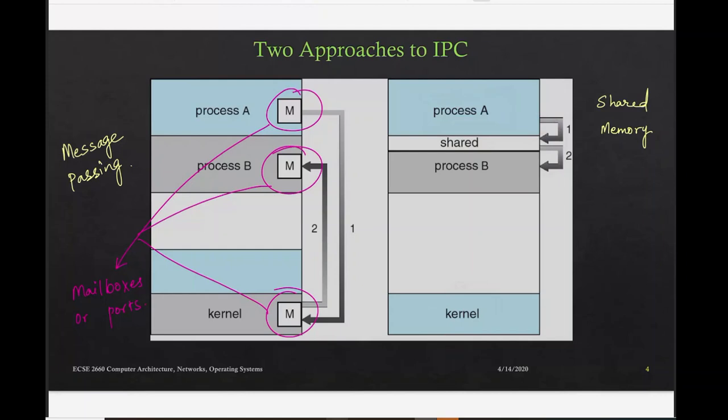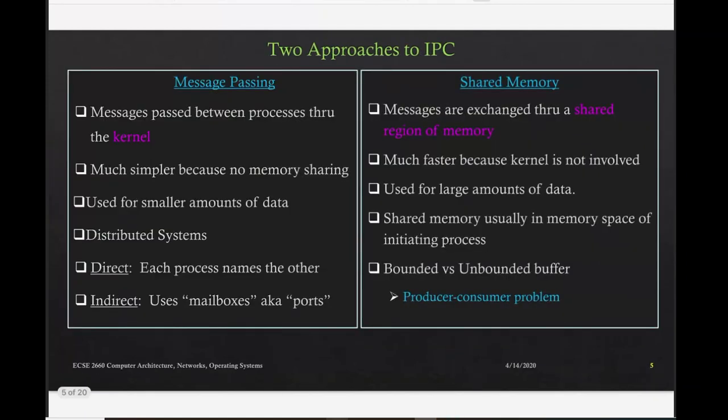All right. Let us take a look at some of the details in these two approaches. The message passing approach is indicated on the left, and the shared memory approach is indicated on the right. In message passing, messages are passed between the processes through the kernel. So a kernel is the intermediary over there. It is much simpler because there is no memory sharing.